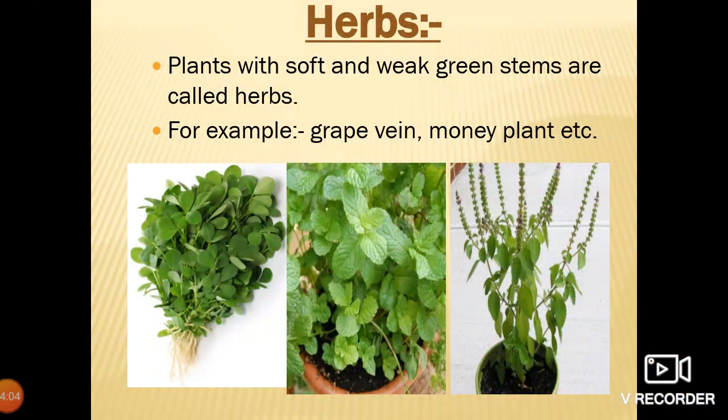Examples of these herbs are mint, tulsi, etc. Leaves and stem of some herbs are used as medicine and for flavoring food. Some more examples of herbs are grass, wheat, sunflower, lady's finger, etc. Flavoring food means like coriander we can use to increase the flavor of the food.